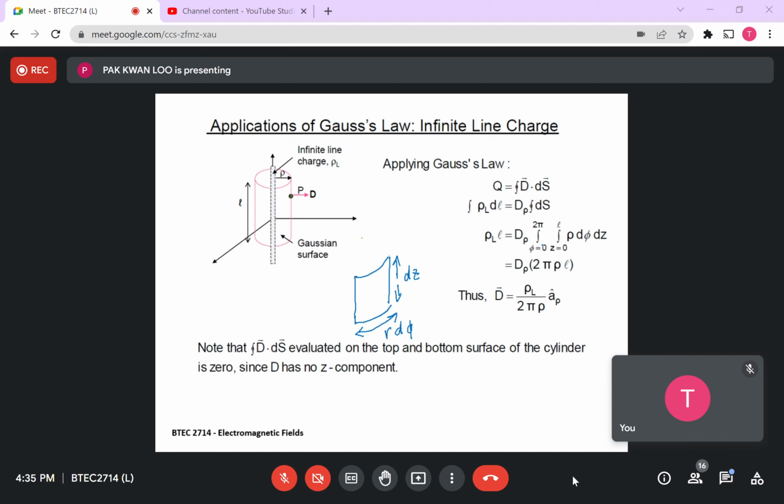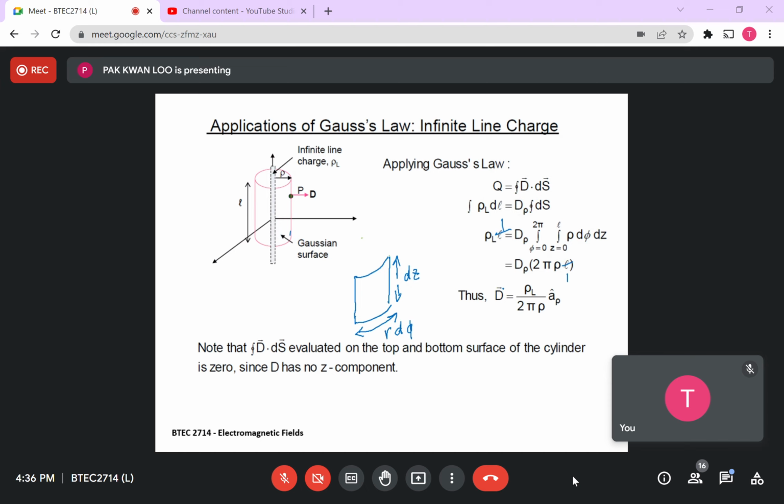For d phi, the limit is from 0 to 2 pi, and dz is the length of the Gaussian surface, which is L. So we have L on the left-hand side and L on the right-hand side, and we can cancel them off. Therefore, the electric field equals rho L divided by 2 pi rho, which is exactly what we get when we use Coulomb's law to derive it.